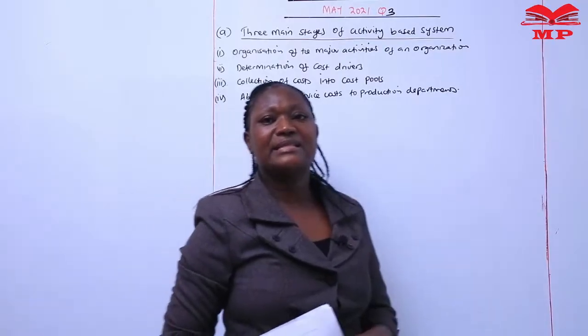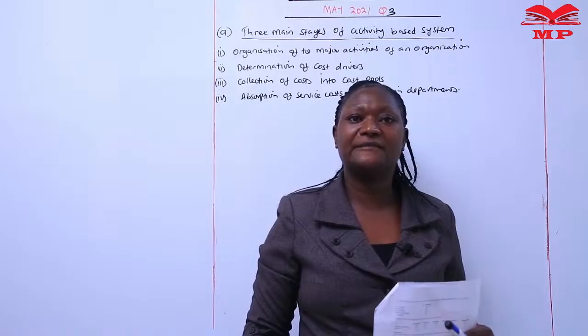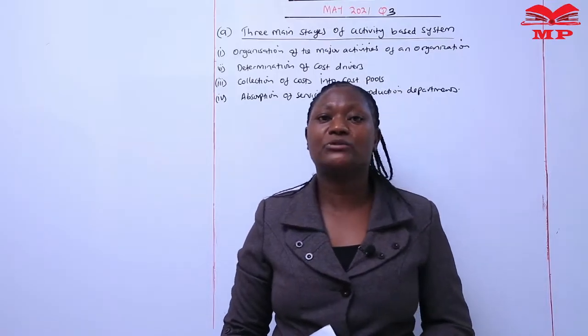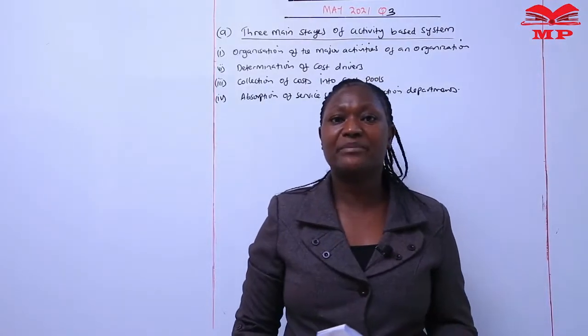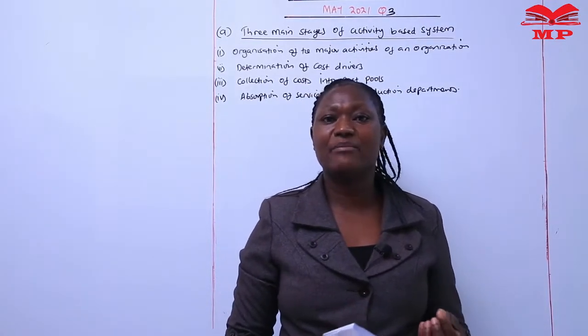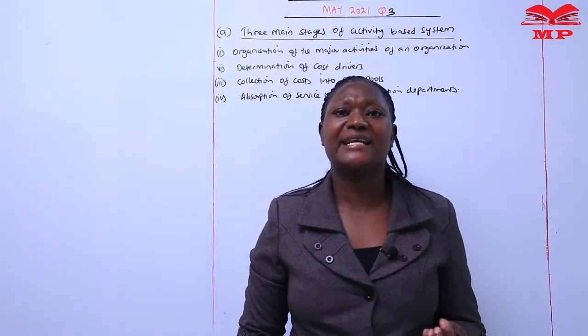So in ABC costing system, we assume that there are activities that cause cost to be incurred. So the first stage in activity-based costing is to identify these major activities assumed to cause cost to be incurred.